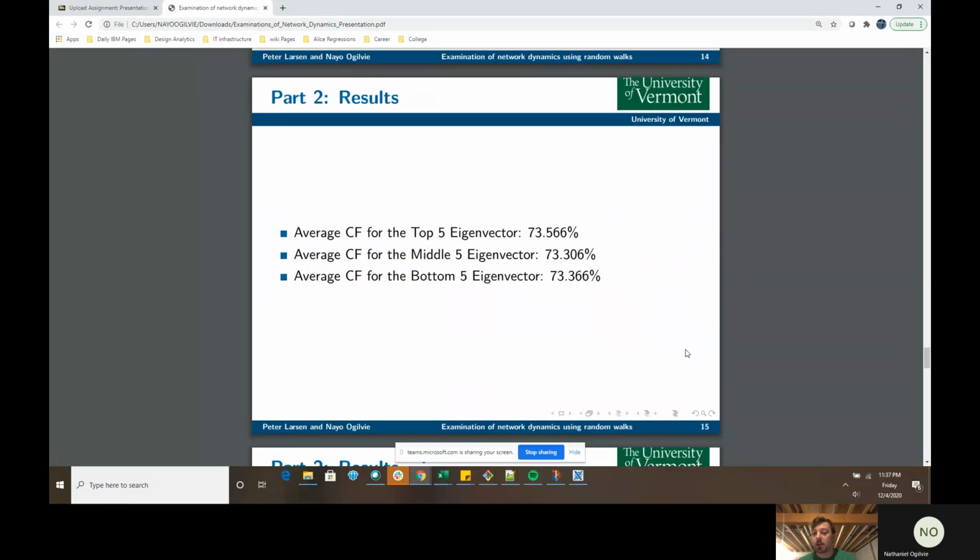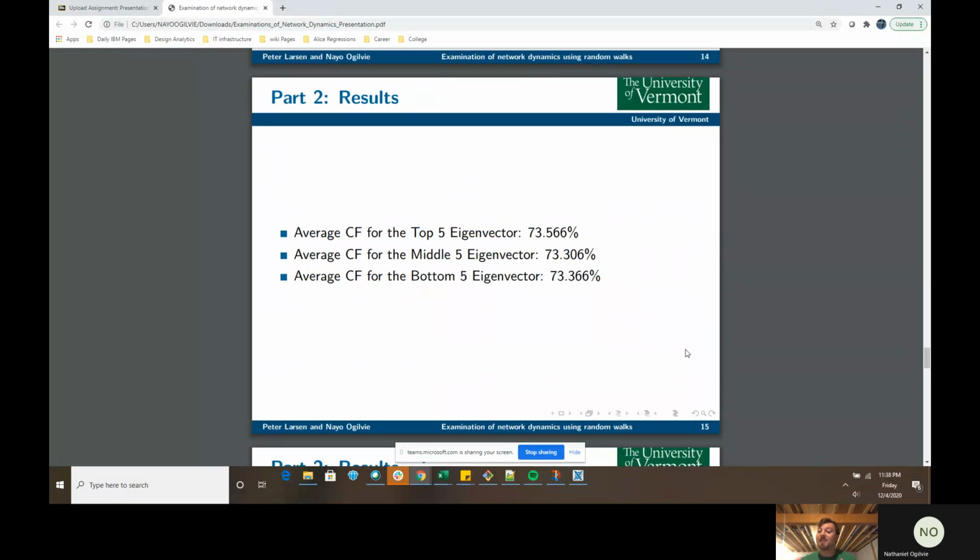Okay, for the eigenvector, the top five is 73.56, the middle five is 73.306, and the bottom five is 73.366. So here, the bottom five are actually better at covering, or visiting more unique nodes, than the middle five.